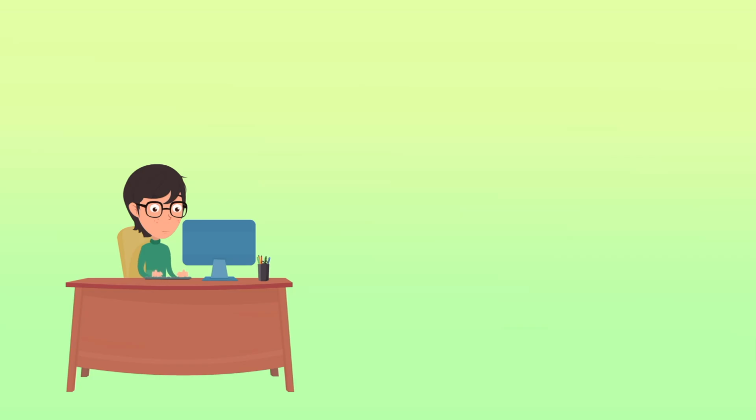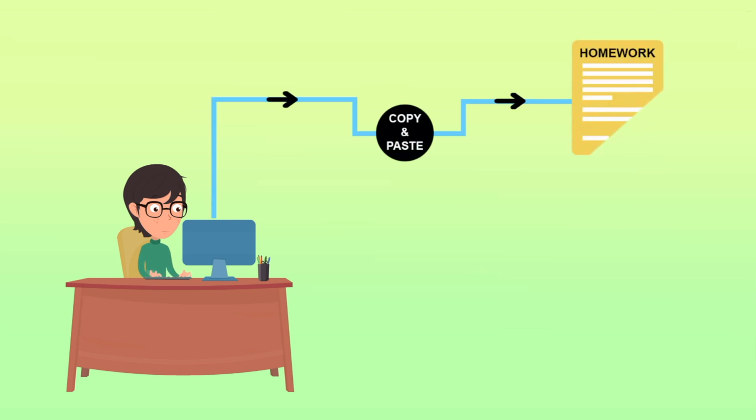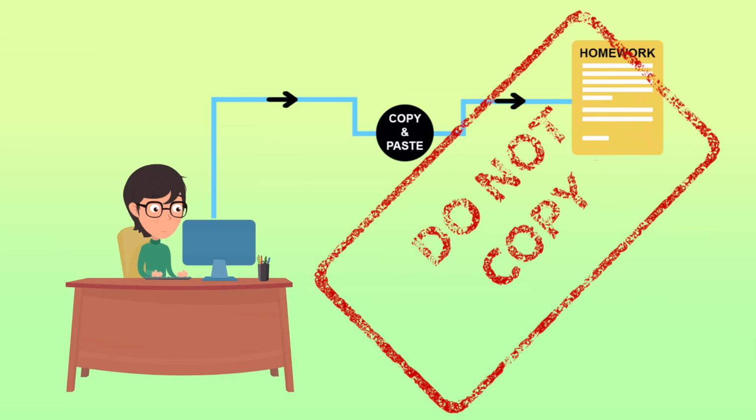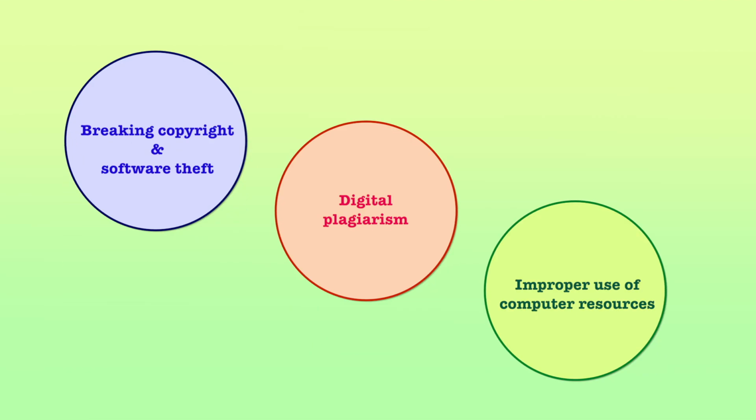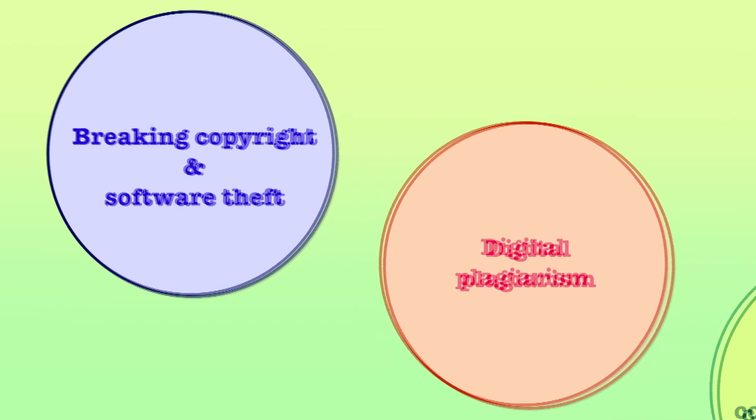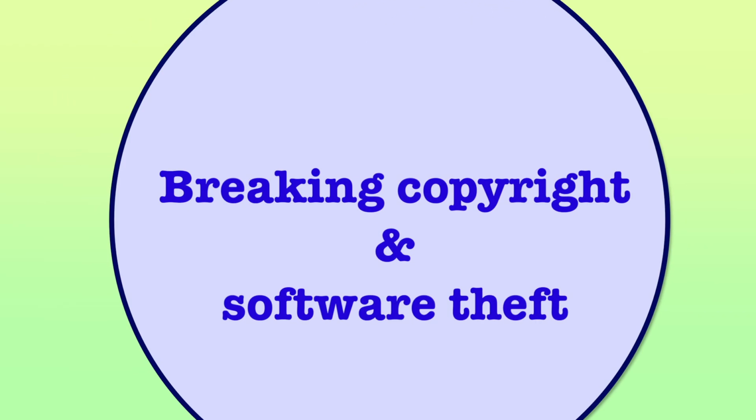The use of computers and the internet added to the means that students have at their disposal to commit plagiarism. However, they make it much easier to do and much harder to detect. The second act, which is considered to be an unethical behavior, is breaking copyright and software theft.